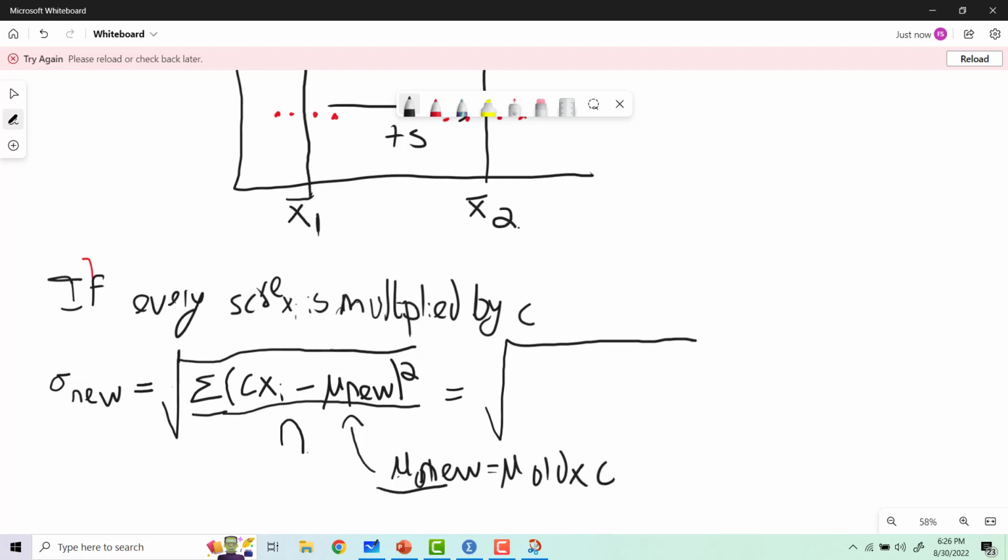This is again from what we did last chapter. If we multiply every value by c, then we also multiply the mean by c. So we have the sum of (c xi minus c mu old) squared, all over n.